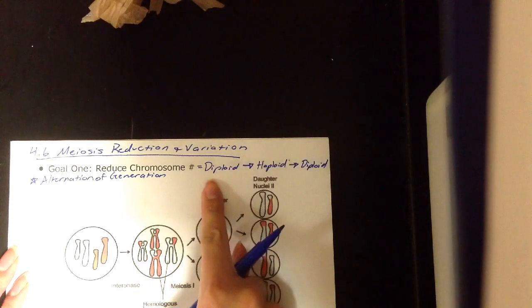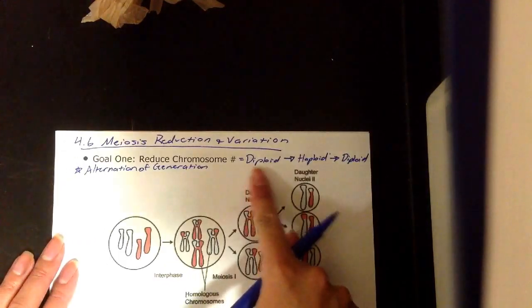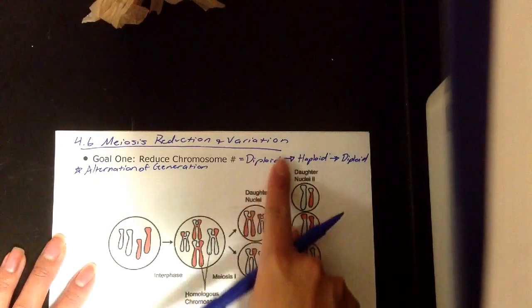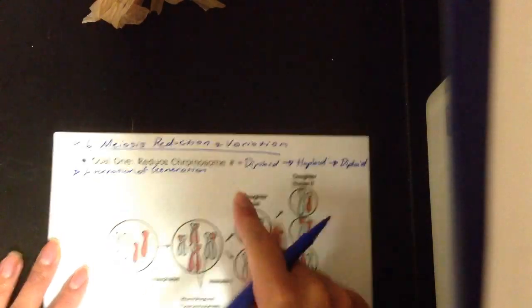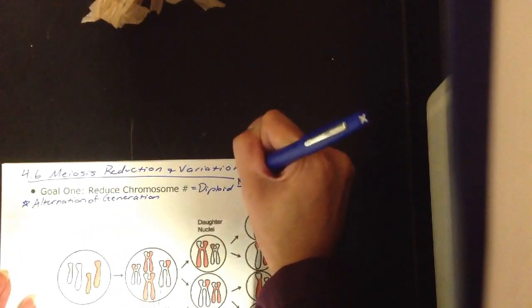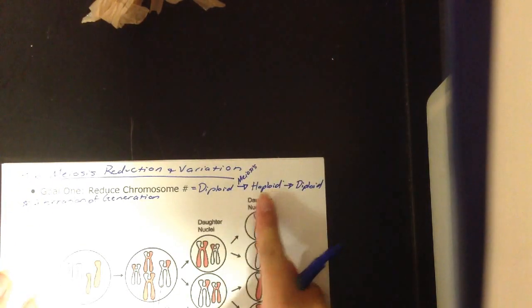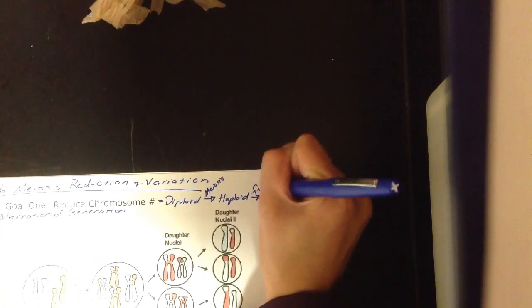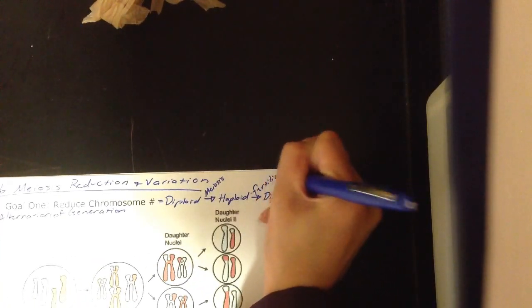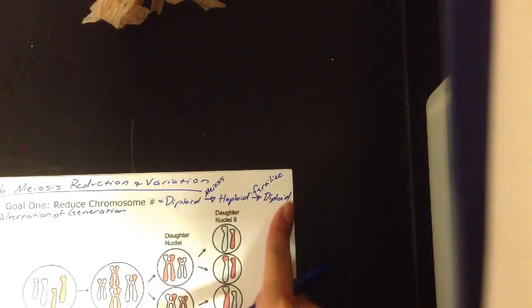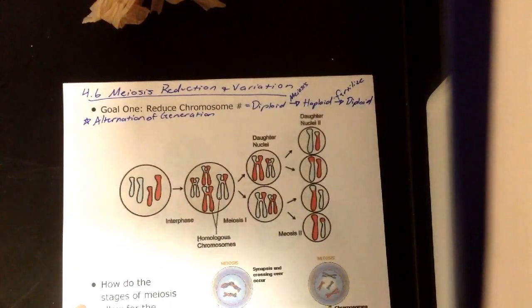So this is actually kind of the life cycle or chromosome cycle of the cells. First, we're going to have a diploid whole number cell. This cell will go through meiosis to produce a haploid daughter cell, a gamete. And then that cell will go through fertilization to produce your final diploid cell. Your organism is now complete, or at least its chromosome number is complete.